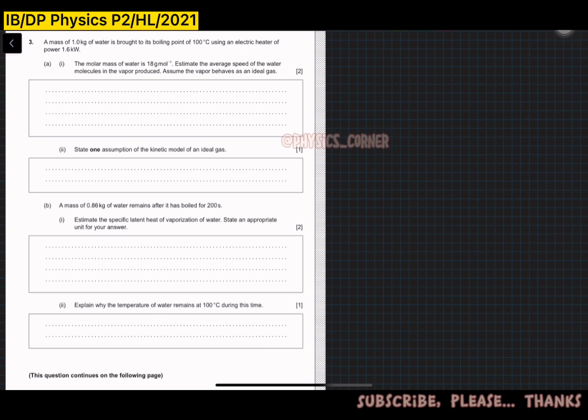Ideal gas, so we use kinetic energy, average speed.